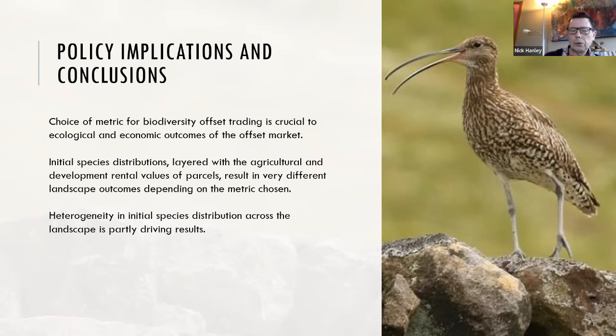And the initial starting conditions of where our species are layered over the variation in agricultural rents and development rents results in really different landscape scale outcomes depending on which metric we choose. And so you could say it's heterogeneity in the initial species distribution across the landscape, which is importantly driving these results.